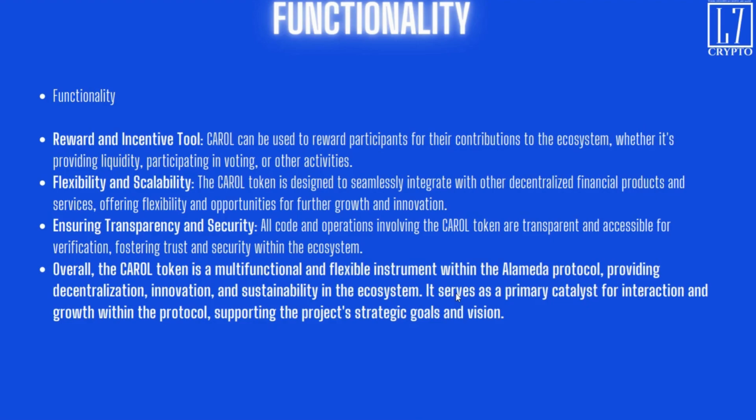But overall, the Carol token is a multifunctional and flexible instrument within the Alameda protocol, providing decentralization, we like that, innovation, we like that, and sustainability in the ecosystem. It serves as a primary catalyst for interaction and growth within the protocol, supporting the project's strategic goals and vision.